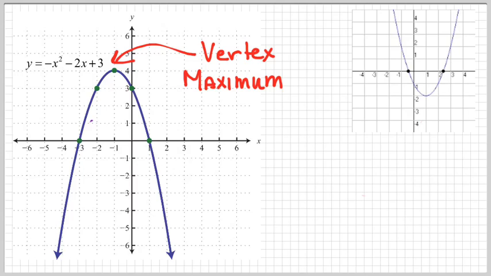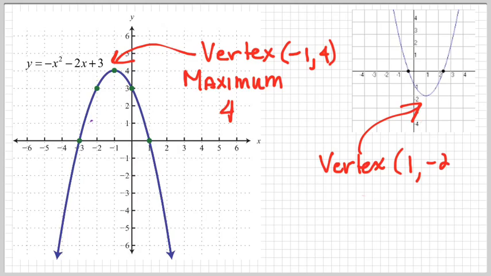So the vertex here is at -1, 4, and the maximum is 4. That's the highest y value it goes to. When it opens upward, here's the vertex. That vertex is at 1, -2. This parabola has a minimum, a lowest point it goes to. That lowest point is -2.